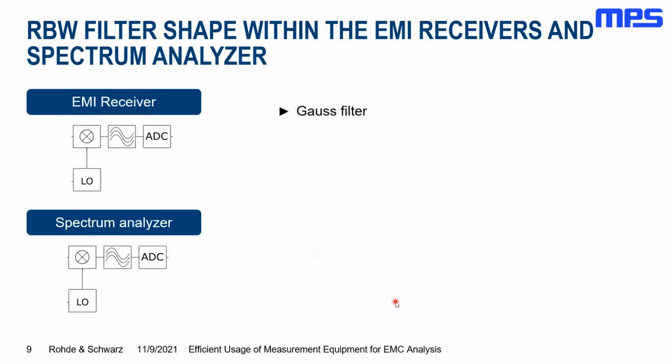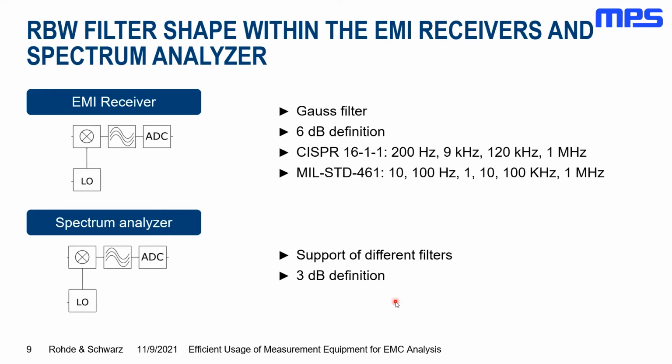If we go for a filter shape, the EMI receiver typically offers only a Gaussian filter shape, and for a spectrum analyzer we could also have some different filters there. The EMI receiver has a 6 dB definition, and we'll come to that in a minute, while the spectrum analyzer has a 3 dB.